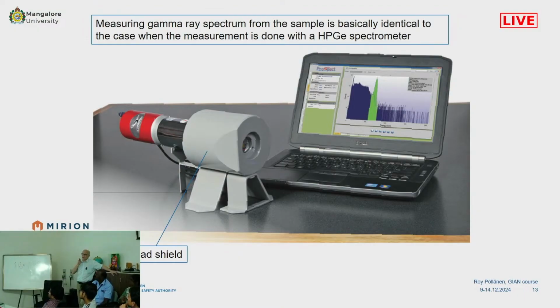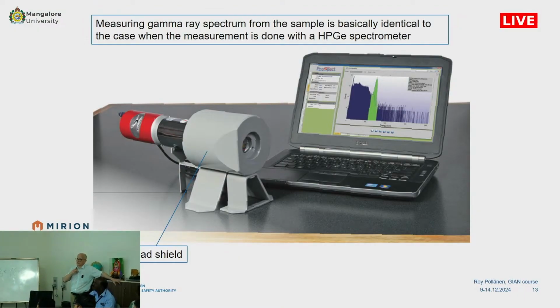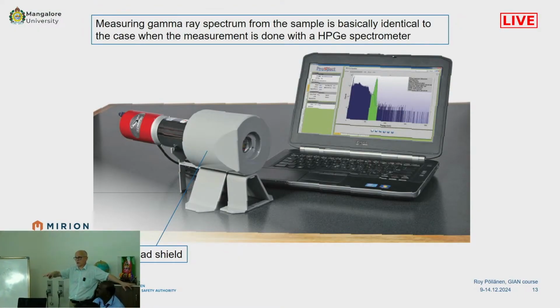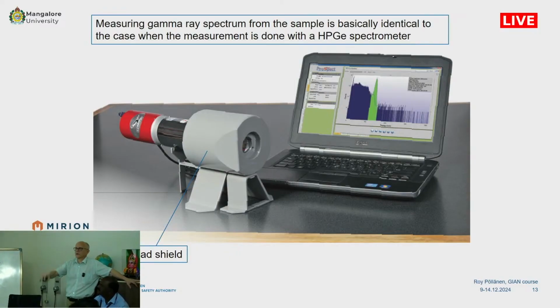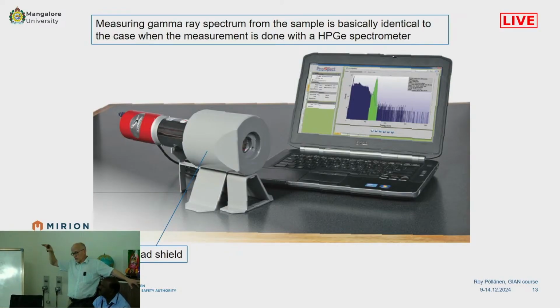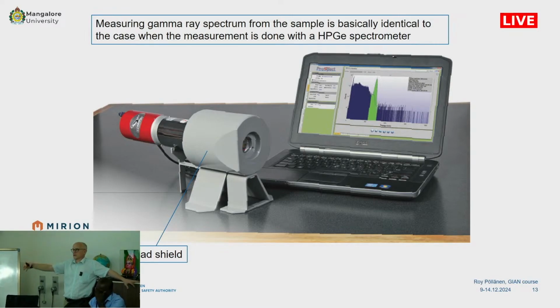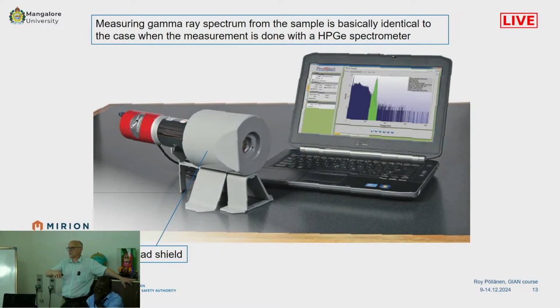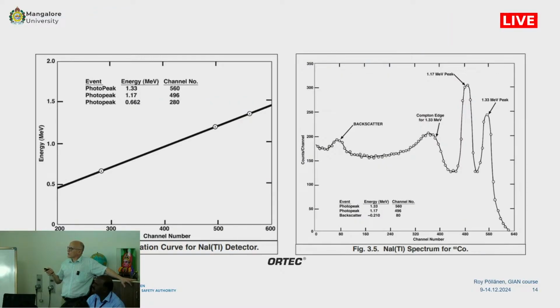But then you have to take into account that if temperature varies a lot, which is not a problem here, but a problem in Finland, if we want to use this system during winter time or summertime. All right, this is the energy calibration curve, which is quite linear in the case of sodium iodide.